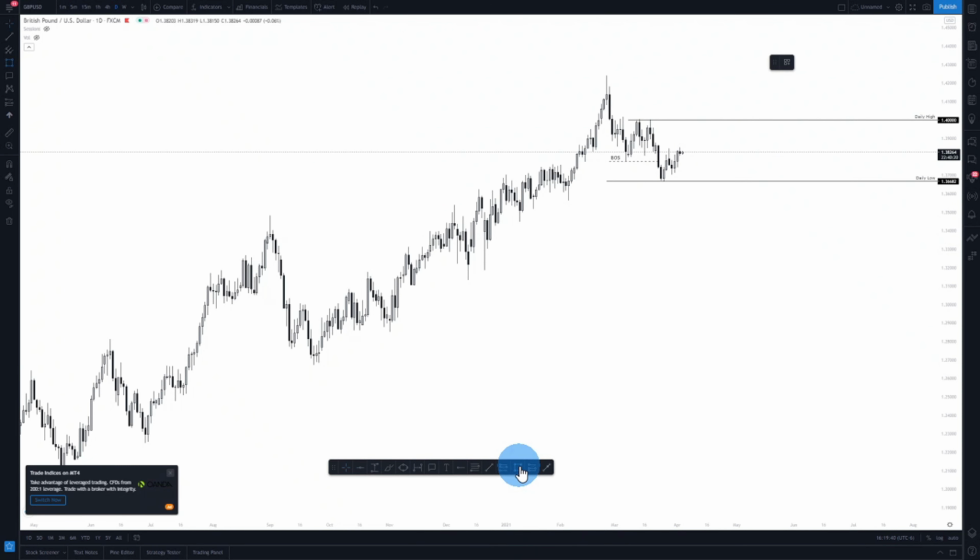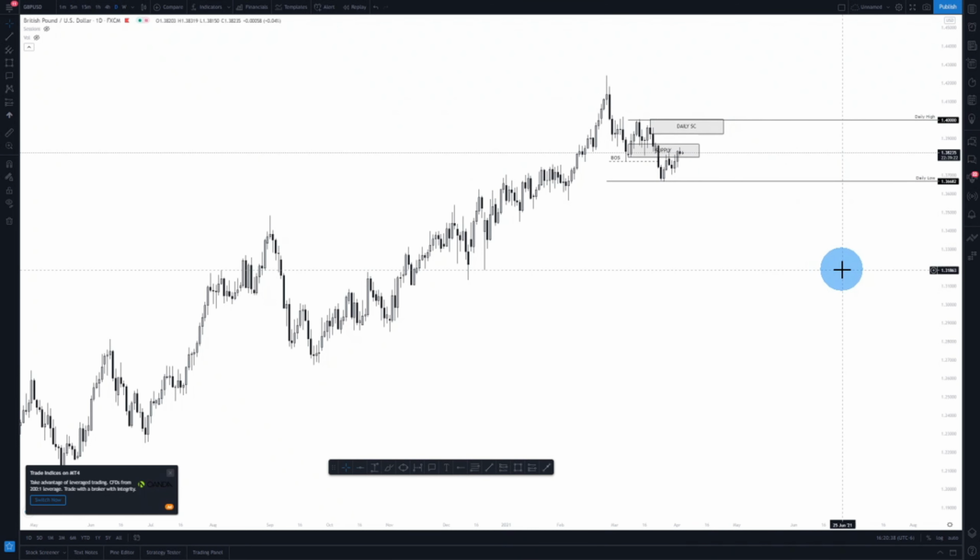Now we can see over here we have our daily SC, and over here we have our supply area.